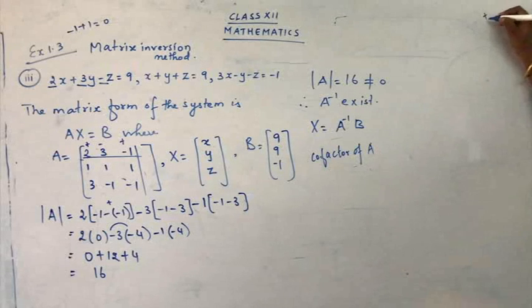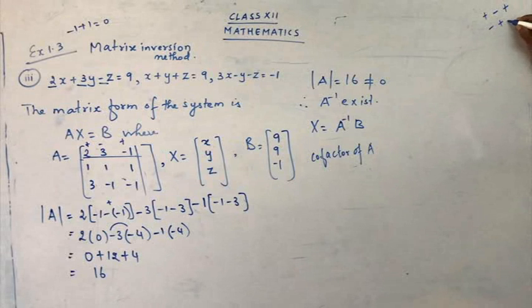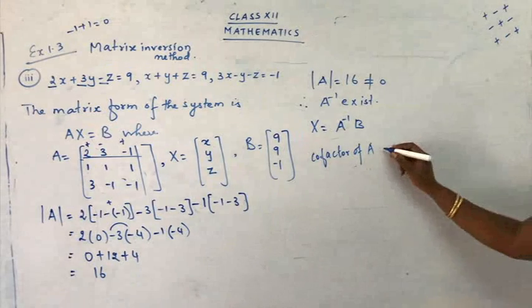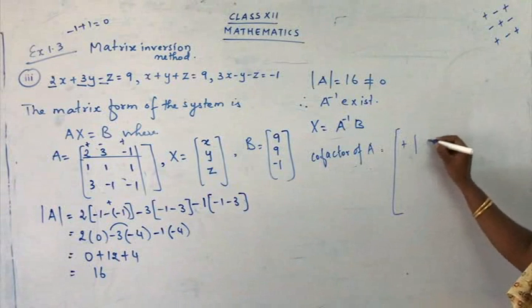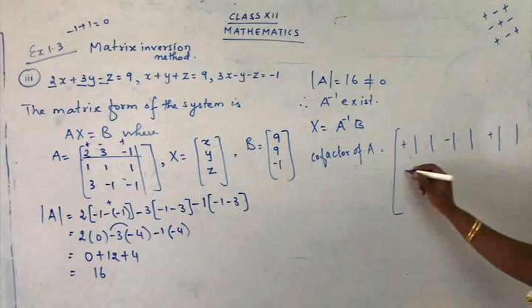Yeah, it's plus, minus, plus, minus, plus, minus, plus, minus, plus. So these are the signs to be followed. So do not make mistakes. Copy the terms carefully. Plus, minus, plus, fill the details.